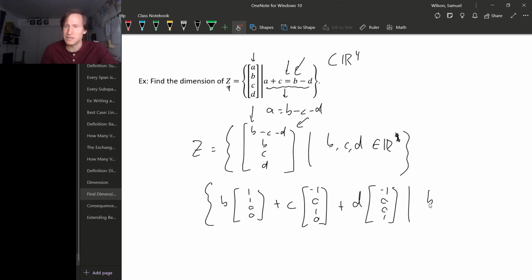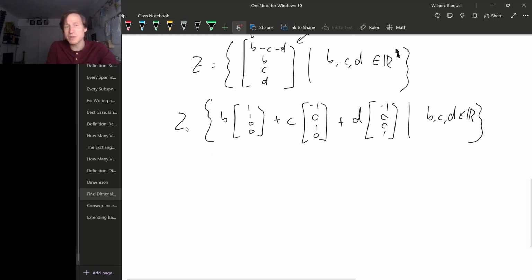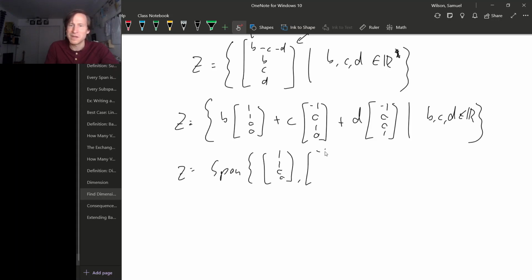And B, C, and D are real numbers. Okay, well now we've expressed this subspace Z as the span of these vectors: 1, 1, 0, 0, minus 1, 0, 1, 0, and minus 1, 0, 0, 1.